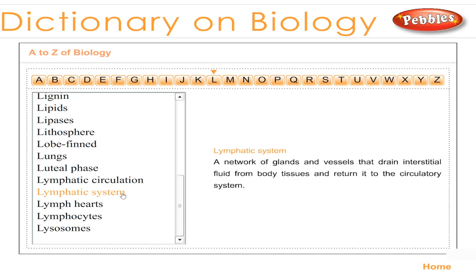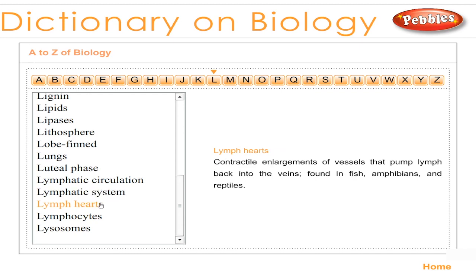Lymphatic system, a network of glands and vessels that drain interstitial fluid from body tissues and return it to the circulatory system. Lymph hearts, contractile enlargements of vessels that pump lymph back into the veins, found in fish, amphibians and reptiles.